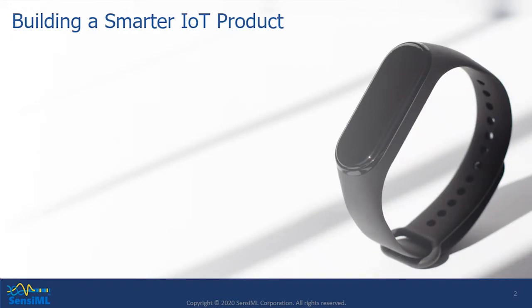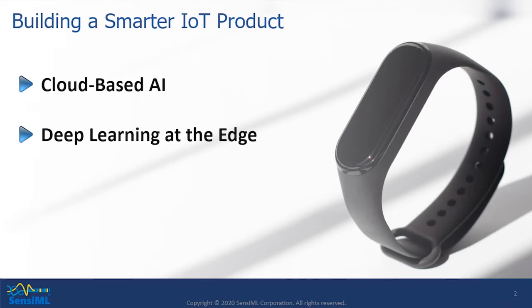With that, let's get into the actual process of building smart IoT sensor products. There are essentially four options available to a developer. The first are cloud-based AI frameworks where raw IoT sensor data is shipped to cloud servers for processing and insight. Second are the class of solutions focused on providing deep learning at the edge with specialized edge machine learning accelerators for neural network models.